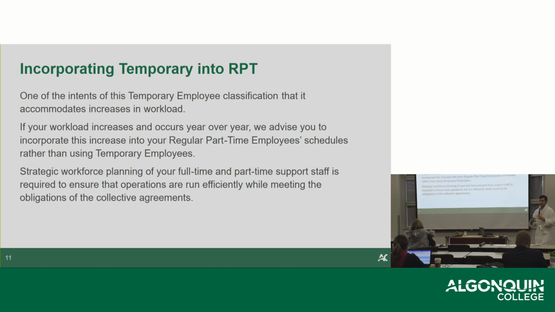So that means increasing the number of RPTs you have and potentially dropping the number of hours overall, so that we have at least a stable employee force. So you basically look at all your schedules for all of your RPTs and see what sort of peaks and valleys you have based on trends for the past 3 or 5 years.